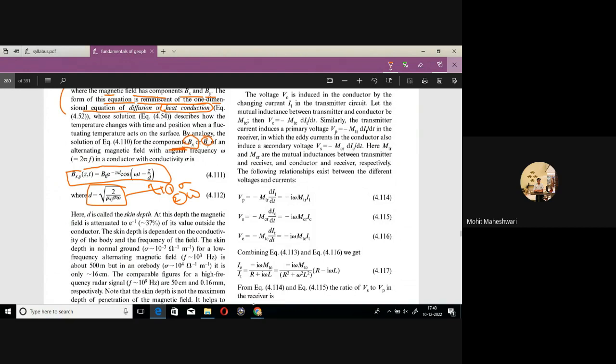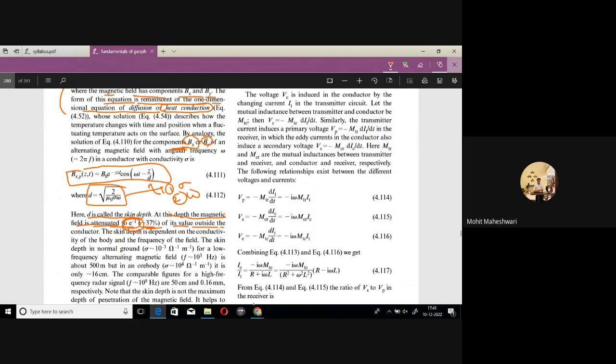So this is a very, very important concept. And what is the meaning of the skin depth? It is the depth at which the magnetic field is attenuated to 1 by e, that means e inverse, that means 37% of its original value. And its original value means the value outside the conductor.